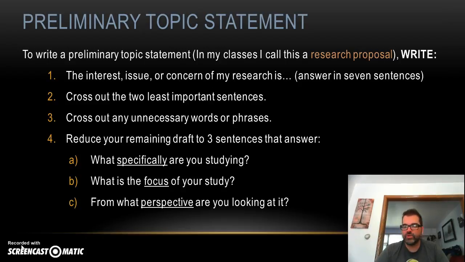A lot of times we put in filler and we really don't need them, or the sentence still means the same if we take out the phrase. And then fourth, I want you to reduce your remaining draft to 3 sentences that answer these questions. What specifically are you studying? What is the focus of your study? And from what perspective are you looking at it?